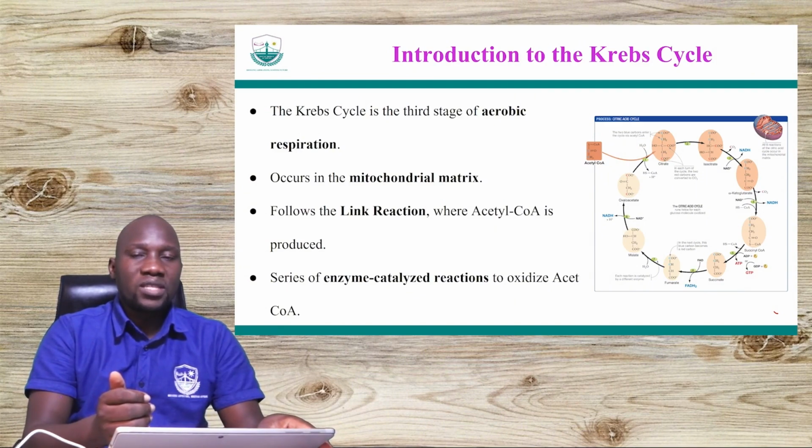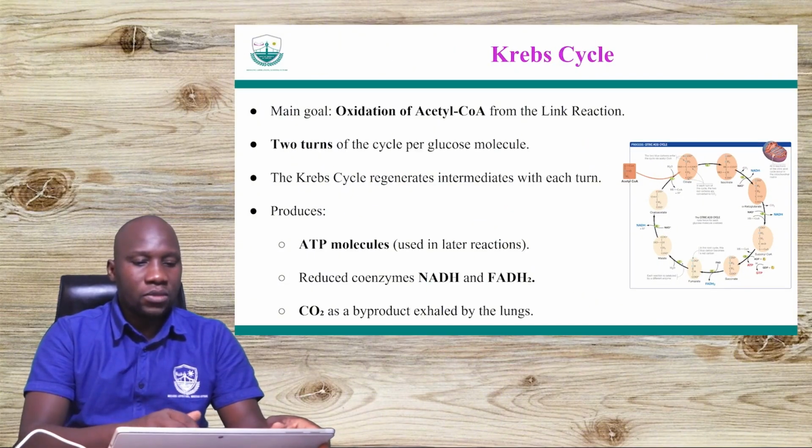The Krebs cycle has a number of reactions. They are actually 8 in number, and these are catalyzed by enzymes. The ultimate end goal is that you have acetyl-CoA being oxidized. That is the primary goal of Krebs cycle.